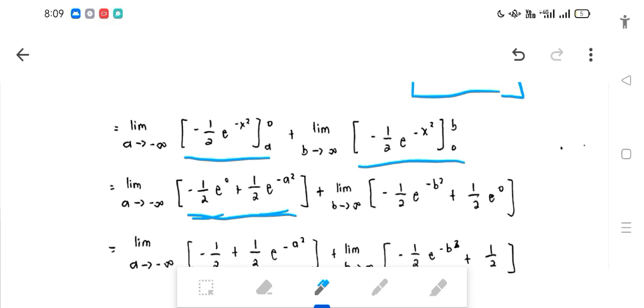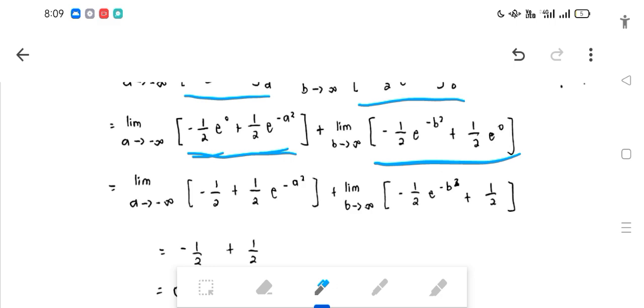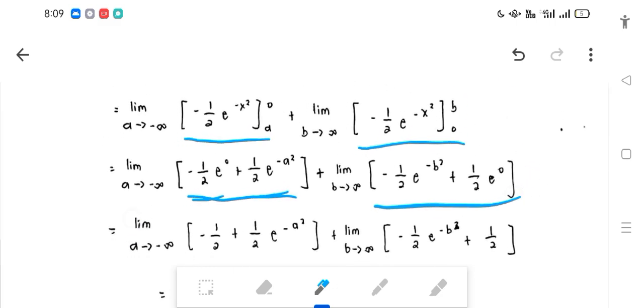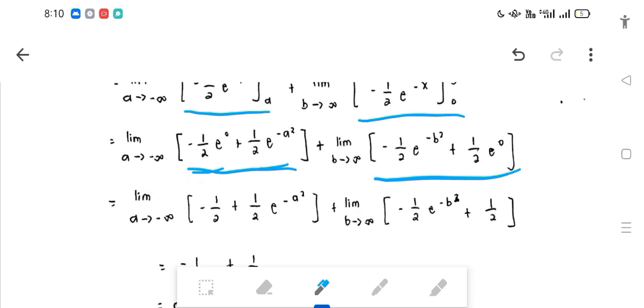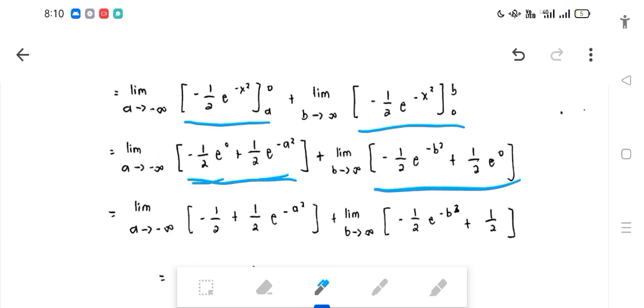So for this one, we also have the upper and lower limits b and 0. So we're just going to substitute b, and we have negative 1/2 e raised to negative b squared plus 1/2 e raised to 0.